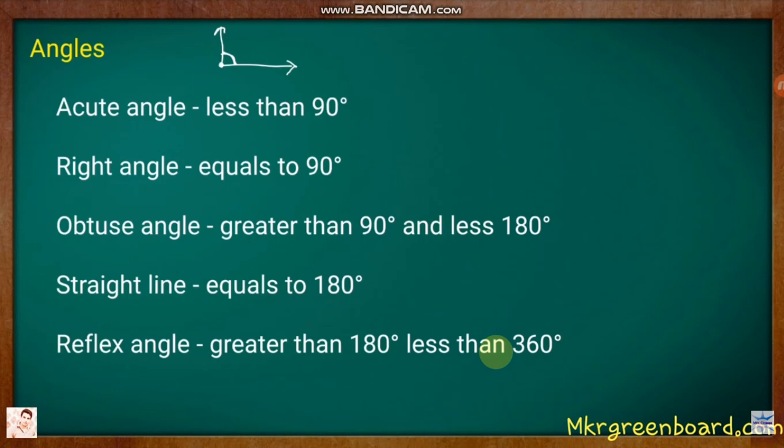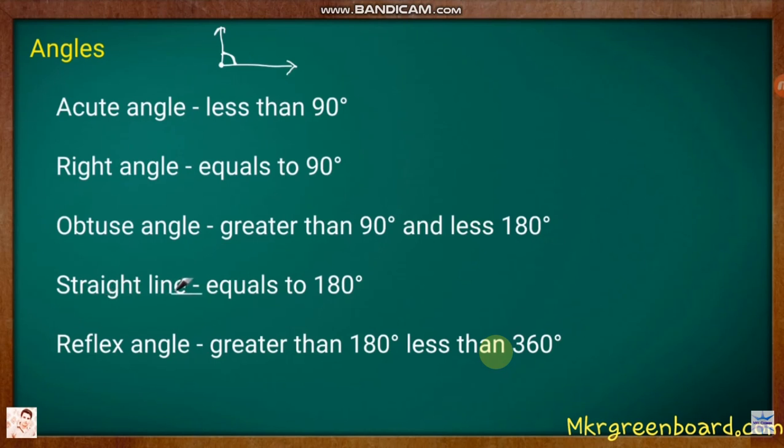Acute angle is less than 90 degrees. Right angle is equal to 90 degrees. Obtuse angle is greater than 90 and less than 180 degrees.